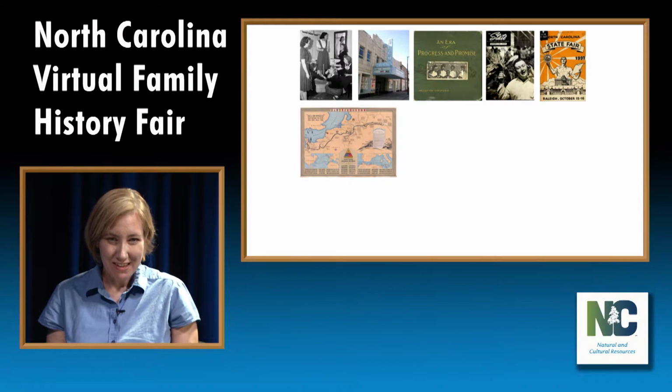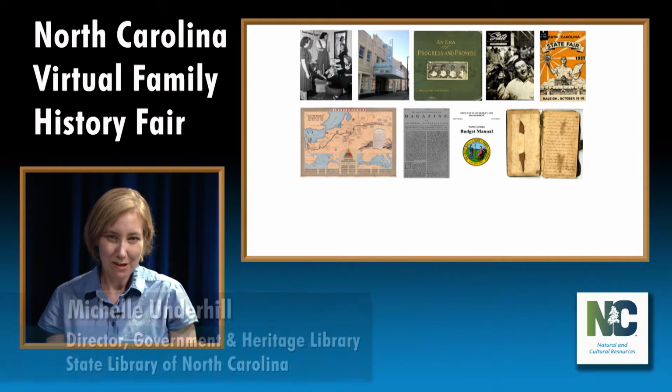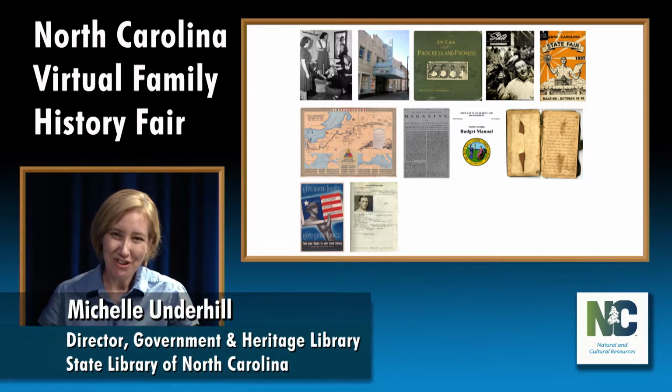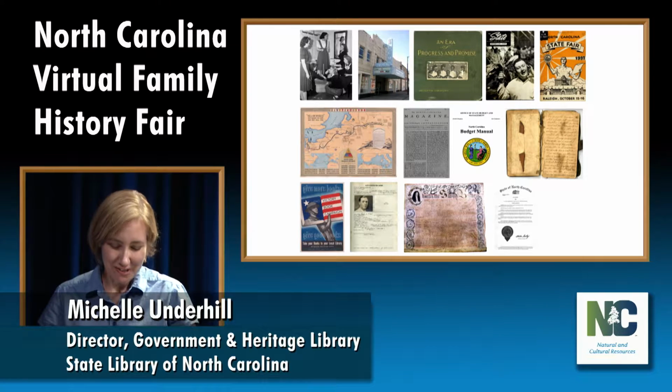But some of the types of materials that you'll find in the North Carolina Digital Collections include historical photographs, contemporary photographs, books, magazines, state publications, maps, newspapers, government reports, diaries, posters, registration logbooks, founding state treasures, governor's materials, and links to government resources.